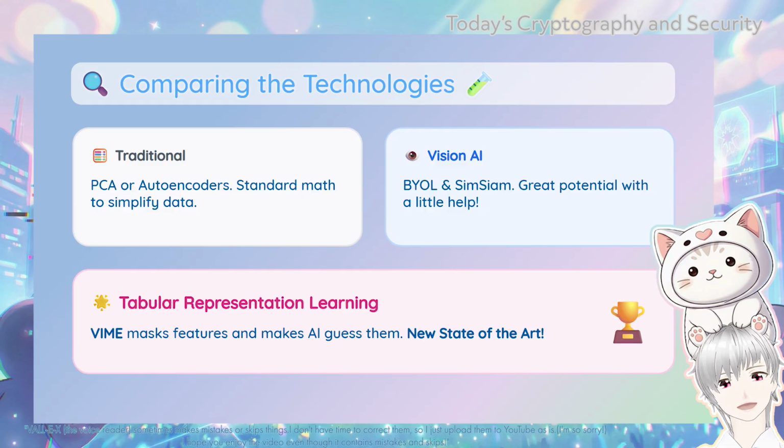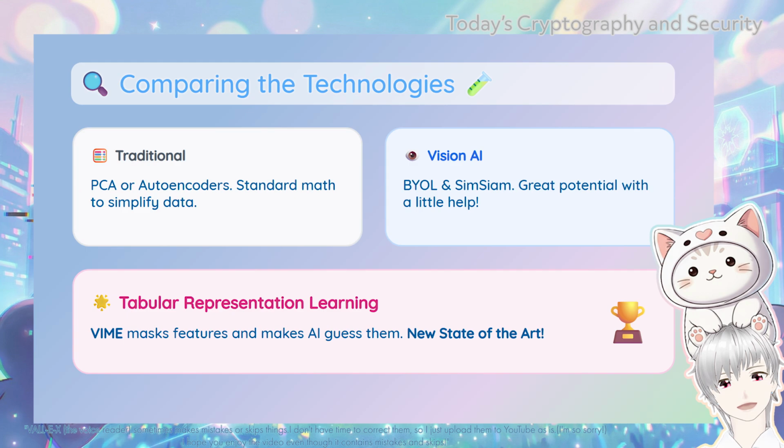They found out that these models can perform almost as well as fully supervised models, which are models that already know all the answers. But when they move to purely unsupervised learning, where the AI has to figure everything out completely on its own, they use tabular representation learning methods like VIME and SubTab.